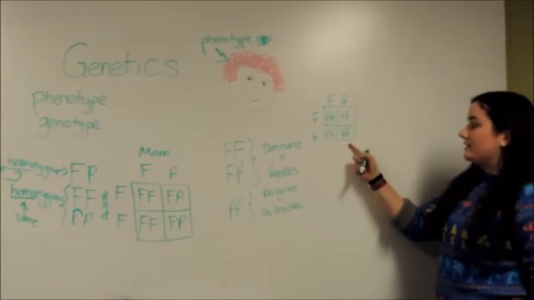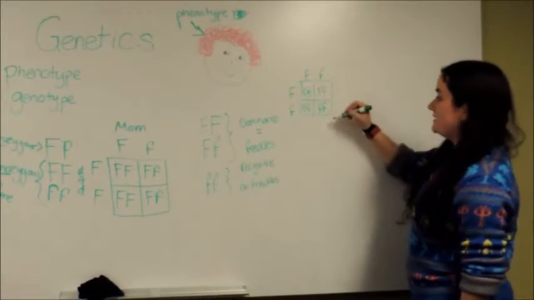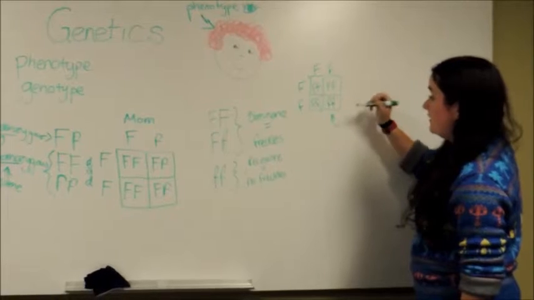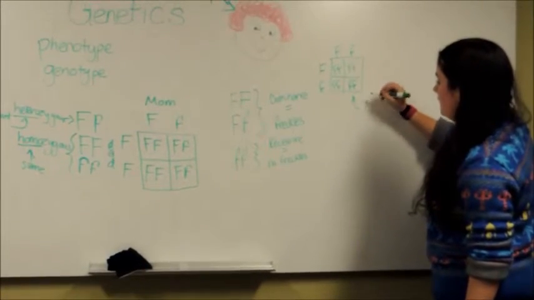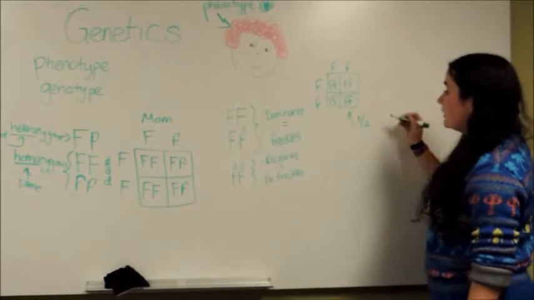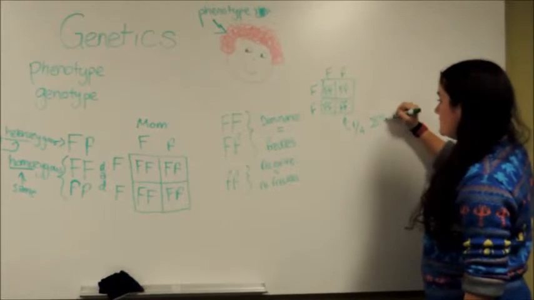And so this means that there is a 1 in 4 chance that these parents are going to produce a kid that doesn't have freckles. Or you can say there's a 25% chance.